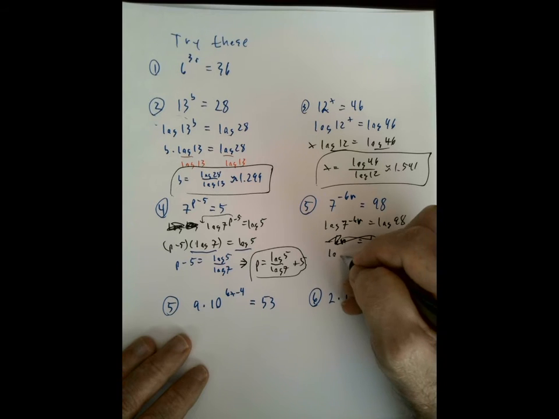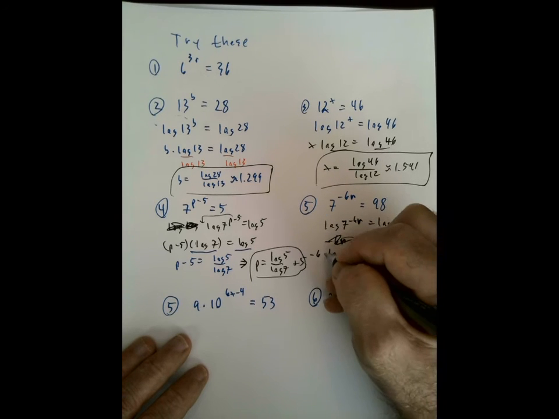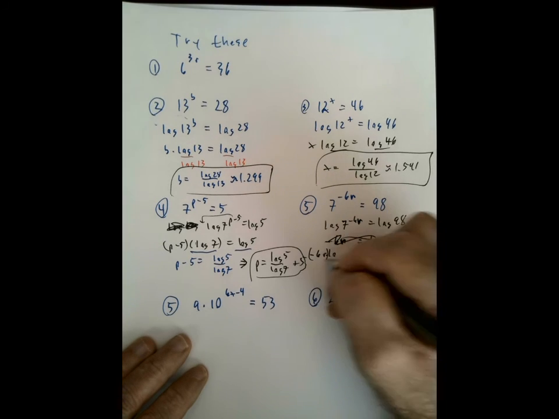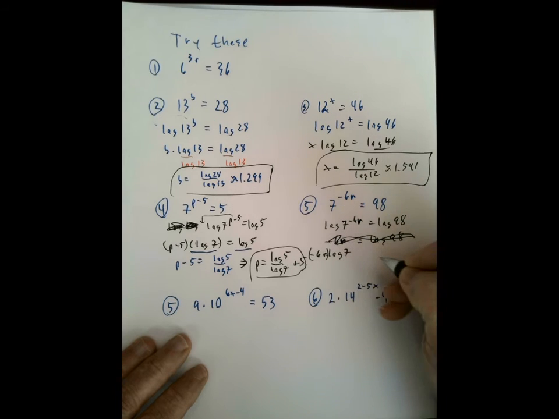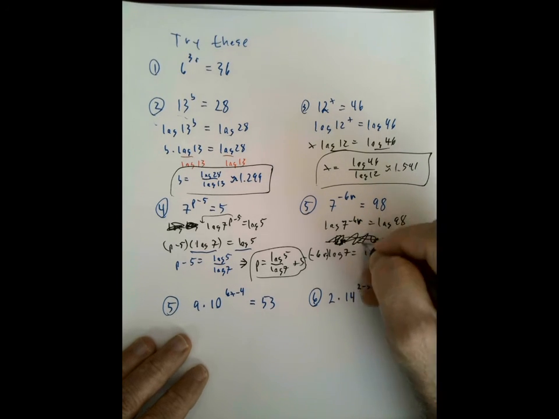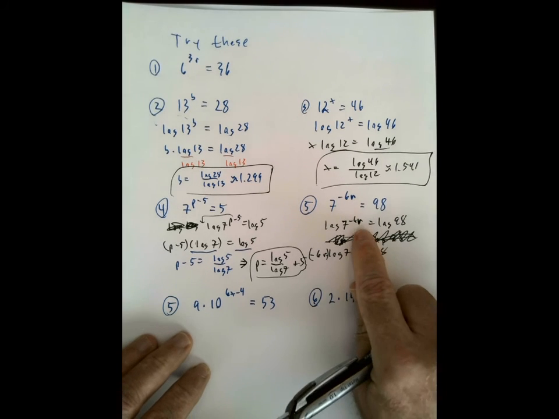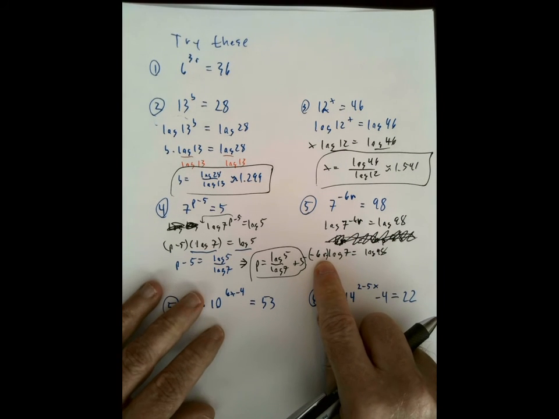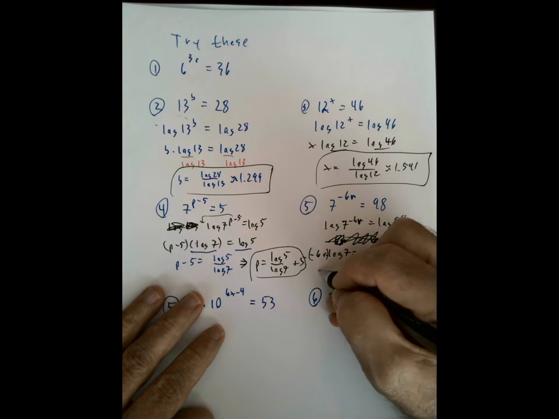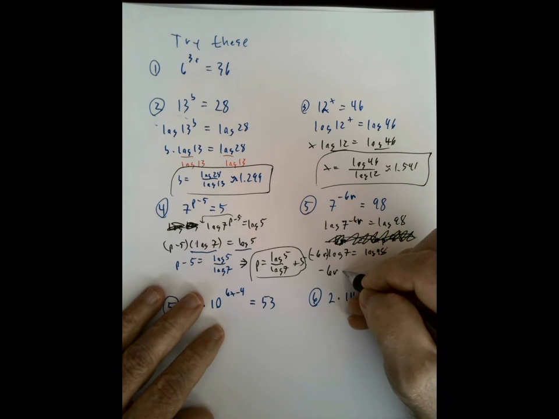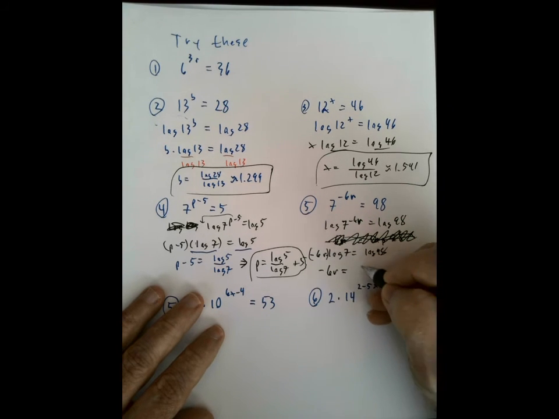So it's going to be negative 6r times log 7 is equal to log 98. That's a misstep right there. Negative 6r just came out in front. Divide by log 7. So this is negative 6r is equal to log 98 divided by log 7.